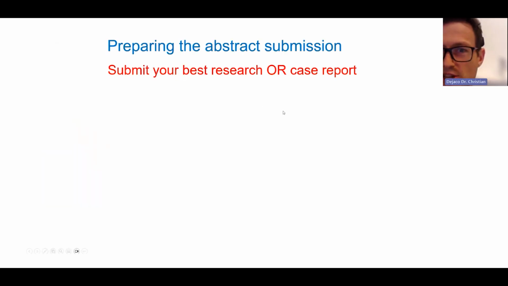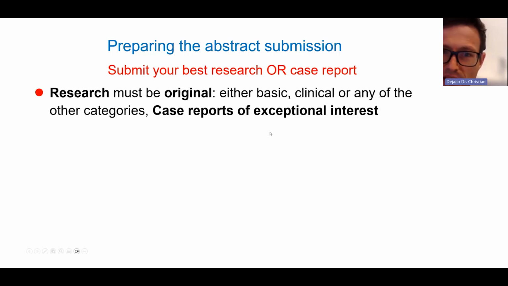So what options do you have? You can have two major options to submit. Number one is to prepare a research abstract. And number two, if you are probably not so much a researcher, but nevertheless you would like to contribute to the EULAR Congress, you can also provide a case report.